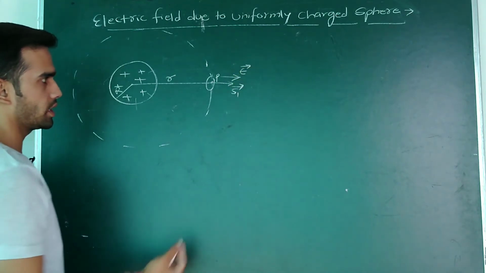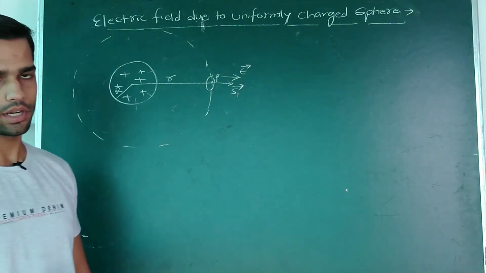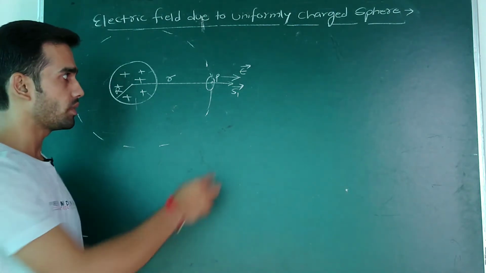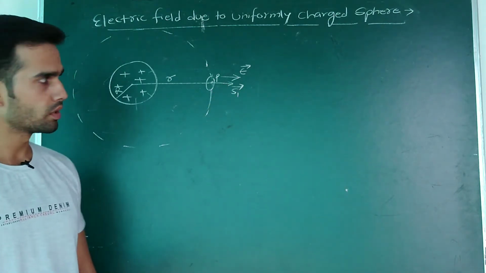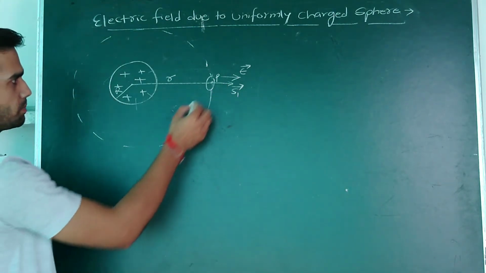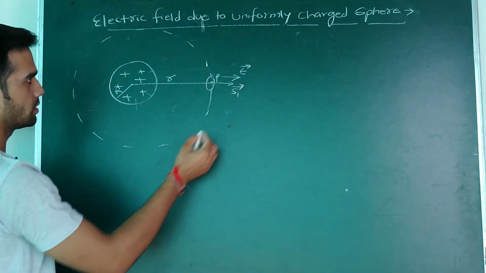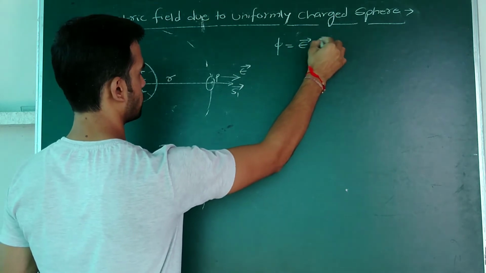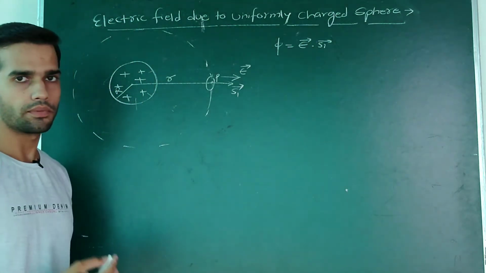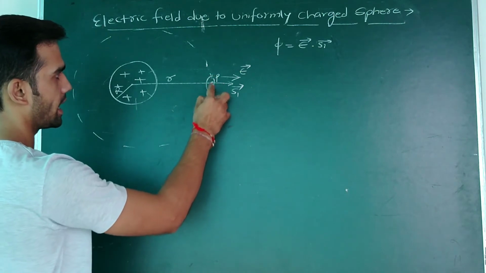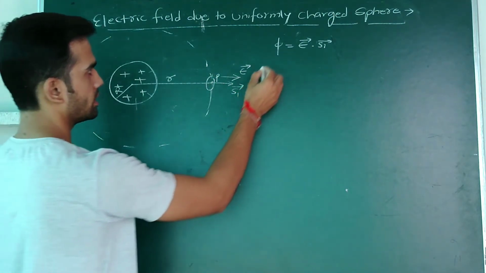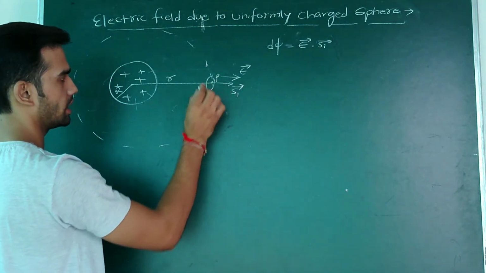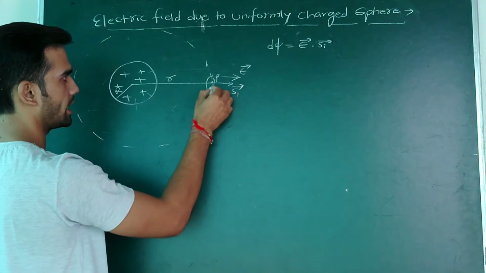So E vector and S1 vector are in the same direction at P, or we can say that the angle between the electric field vector and S1 vector is 0. The flux passing through the area element is phi equal to E vector dot S1 vector, where phi represents the flux passing through this small area element. We can call it d phi, the small value of flux passing through only a small area element.